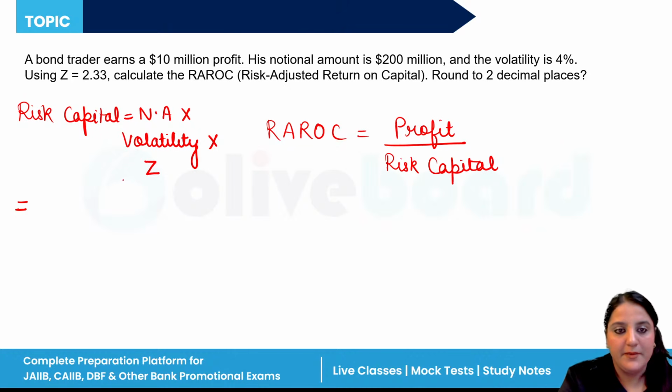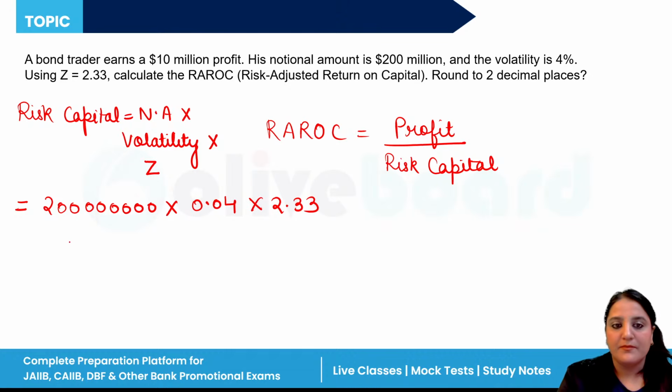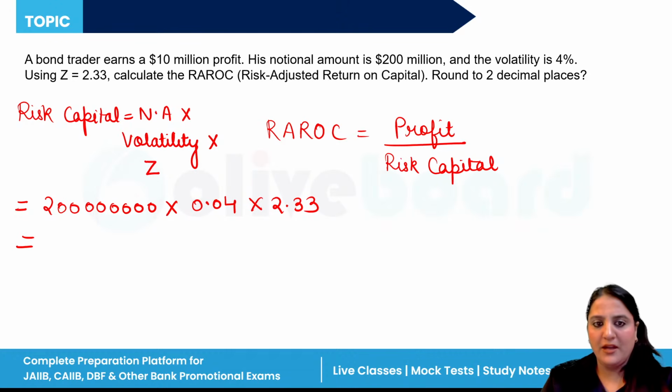So 200 million. What is volatility? It is 4%. We can write it as 0.04. And what is Z? 2.33. So calculate it.